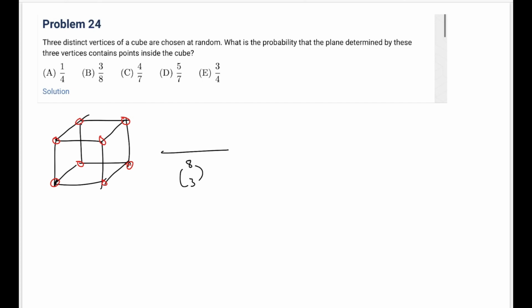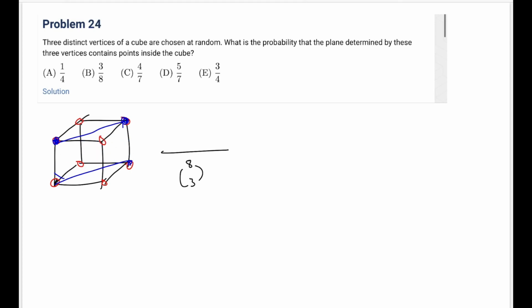And then the plane determined by these 3 vertices, so what that means is basically if we choose these 3 vertices, then the plane determined by them would be this plane right here. And this would contain points inside the cube, since all these points are inside the cube.